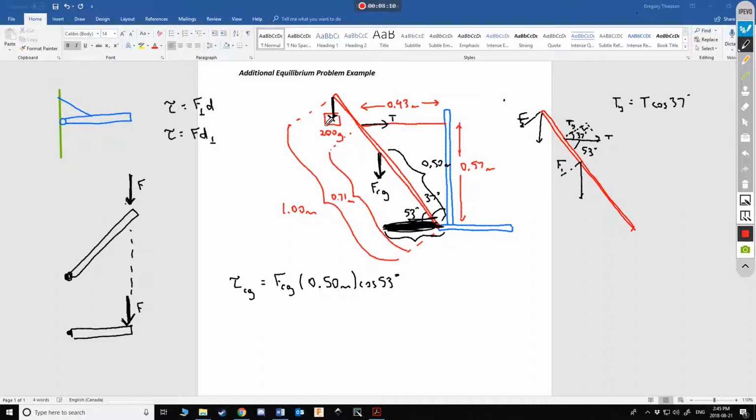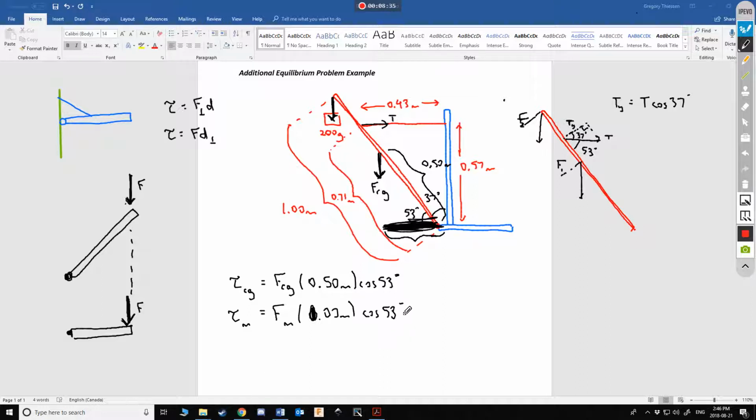Now you say, what about the mass at the far end? Okay, torque of that mass at the far end. Let's call that torque of that mass. It's just the force of that mass. So I do 0.2 kilograms multiplied by 9.8. But we know the ruler itself is 1.00 meters. And that's also going to be cos 53 degrees.